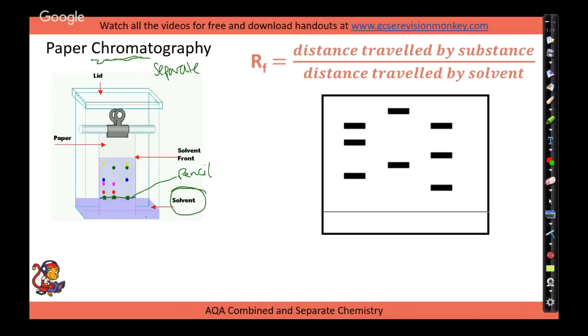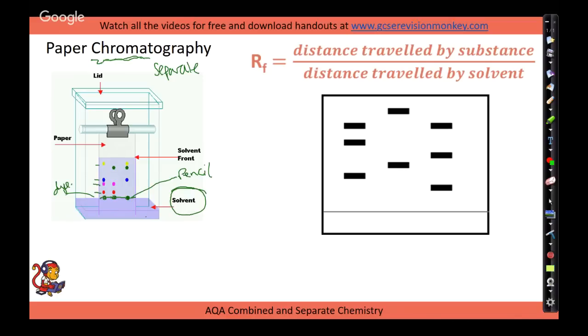You would then put a blob of that on your chromatography paper, on your pencil line. So that's where we've put the dyes. And the particles in the dye will dissolve in the solvent and move up the paper. But they will interact with the paper in different ways. So some will move only a little distance. Some of the particles that are in that dye will move further and further and further and so on.